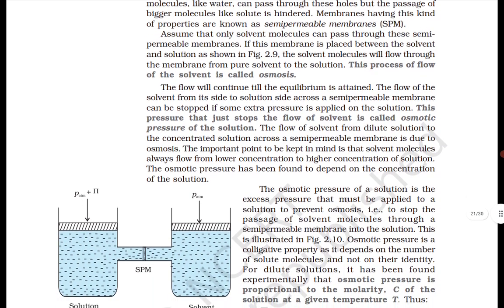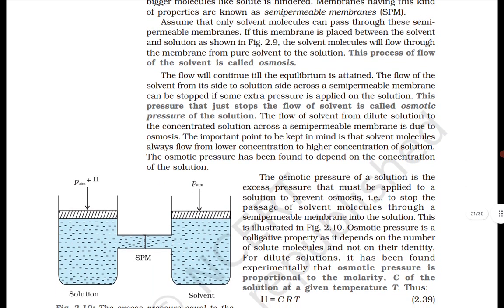Assume that only solvent molecules can pass through this semi-permeable membrane. If this membrane is placed between the solvent and the solution as shown in figure 2.9, the solvent molecules will flow through the membrane from the pure solvent to the solution. This process of flow of the solvent is called osmosis.